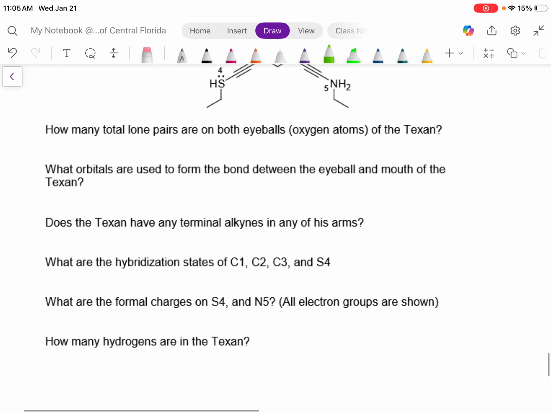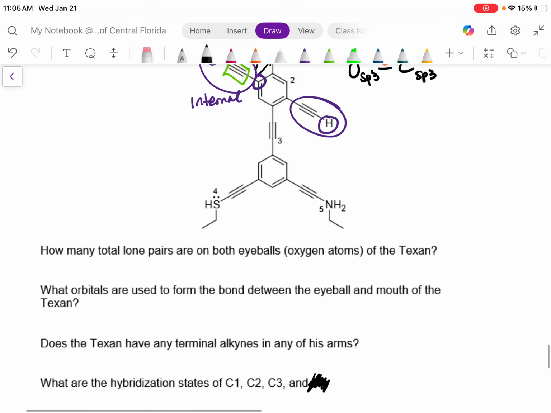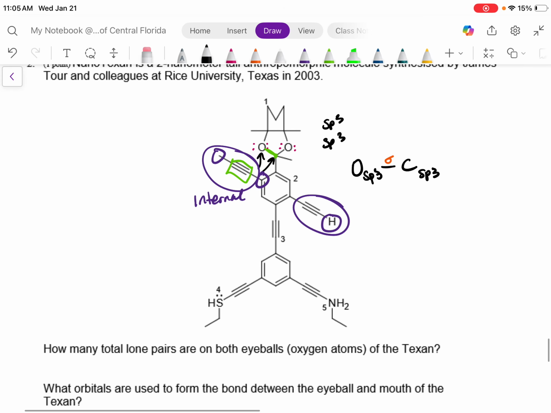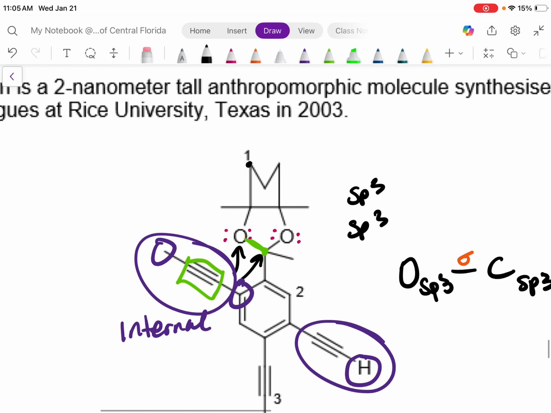Let's see, what are the hybridization states of carbon 1, 2, and 3? Remember from class I said don't worry about the sulfur. So carbon 1, hybridization state. When we zoom in at carbon 1, shown there, how many bonds are directly attached to it? 1, 2. So that means there are 2 hydrogens coming off of there.